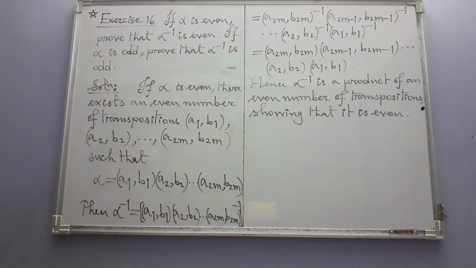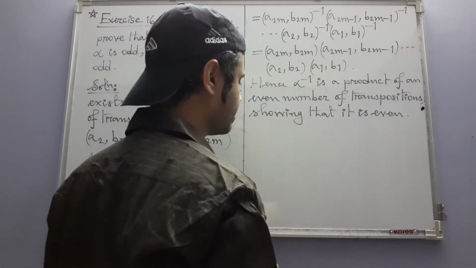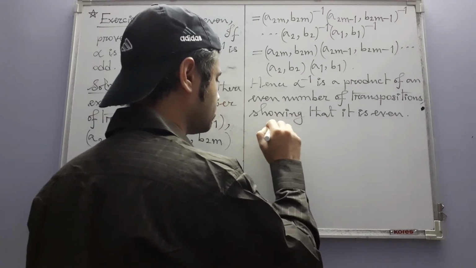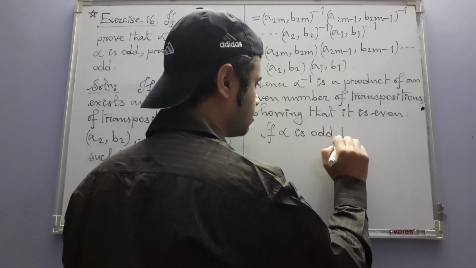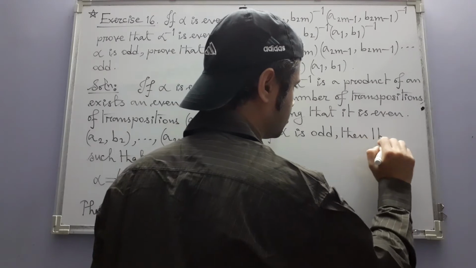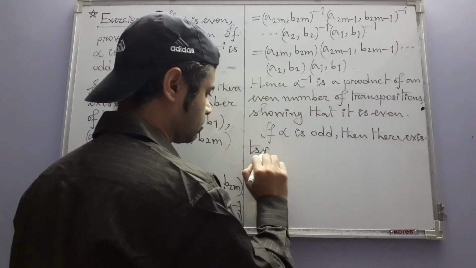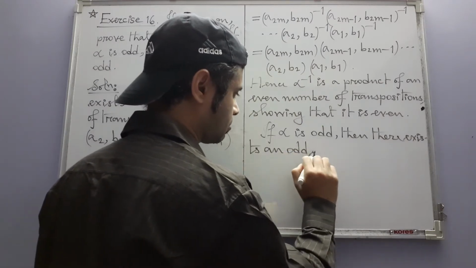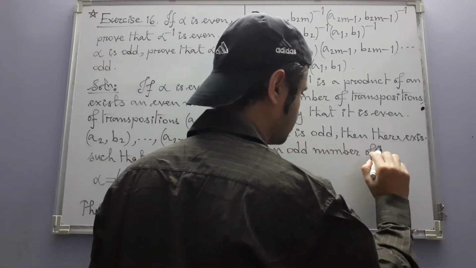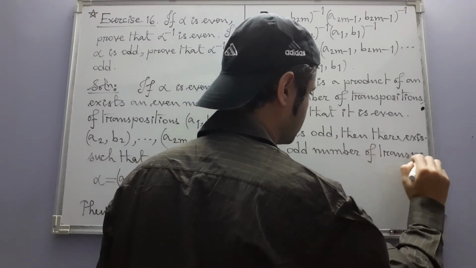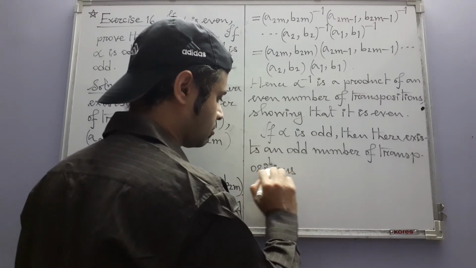And just like that, we have the odd case also. Let's just complete it without leaving it hanging like this. If alpha is odd, then there exists an odd number of transpositions.